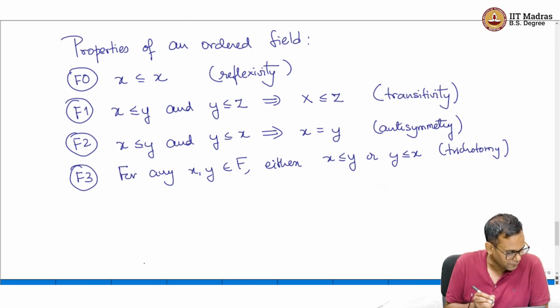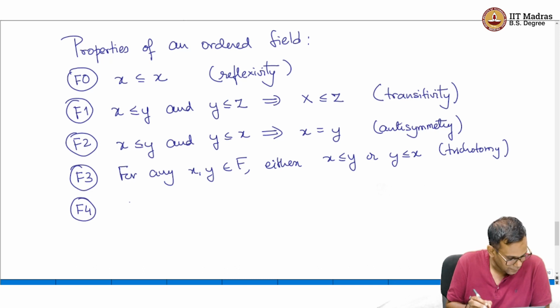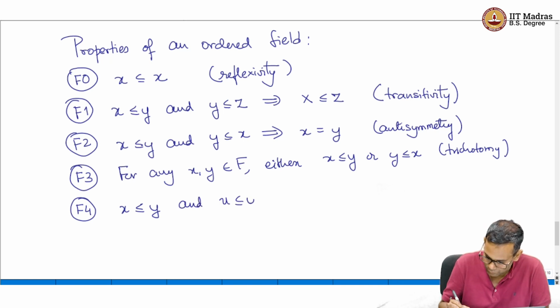Anyway, let us not worry about that too much, and let us move on and see some properties that are specific to a field. The first thing that I would like to say here is that if x is less than or equal to y and u is less than or equal to v, then x plus u is less than or equal to y plus v.